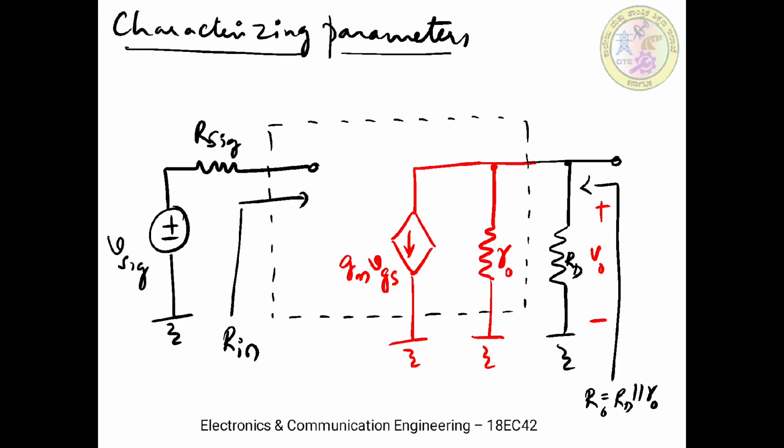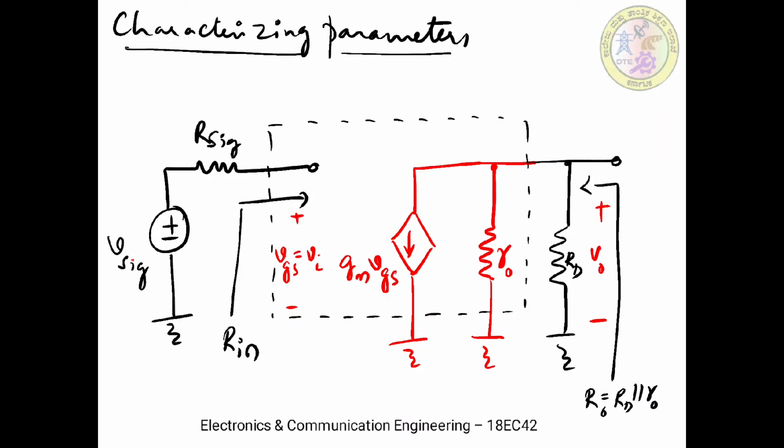Because V signal is nothing but the input signal that is applied to the amplifier. Okay, so therefore now at the input terminal we will have to show VGS, which should be equal to our input voltage.